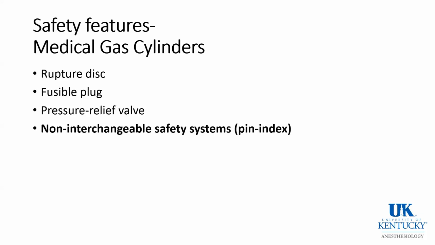And finally, the pin index system is a safety feature which is found on cylinder sizes A through E. There are 7 pins positioned on the circumference of a circle so that only the correct cylinder can be mounted on the yoke, as long as the pins are functional.